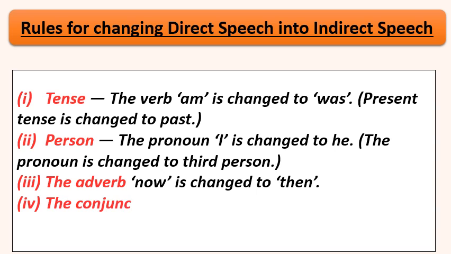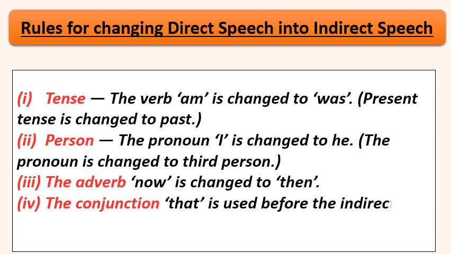Number 4, the conjunction that is used before the indirect statement, means in the indirect statement you will remove inverted commas and comma. Instead of that, you have to write that before the indirect speech. So these are certain changes which you will observe while changing direct speech into indirect speech.